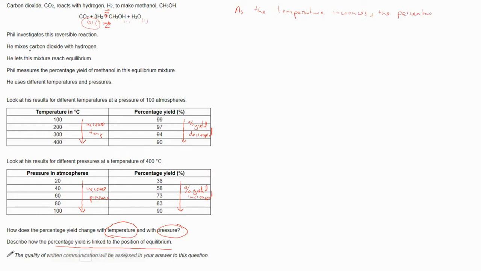I'm going to write percentage instead of giving the symbol because it's one of these quality of written communication questions, so I need to write in full sentences. And this means we're making less methanol.